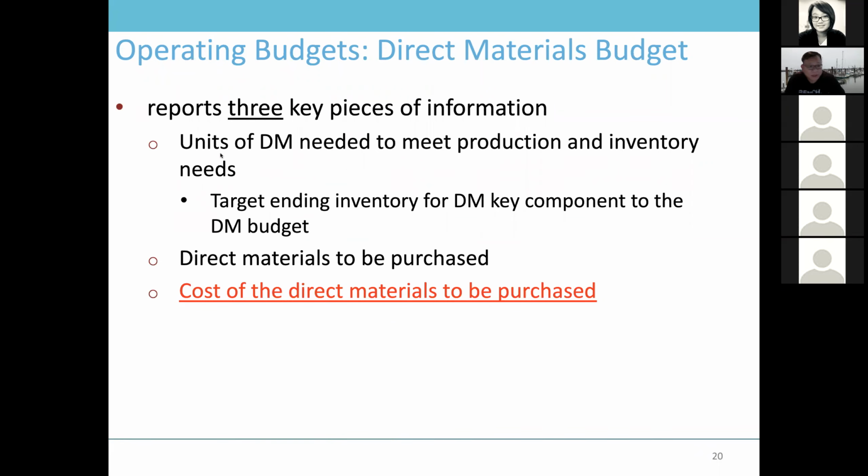First, the number of units of direct materials you need to meet the production need. Then how much direct materials you have to purchase. And what's the cost? The cost of the direct materials purchased is the cash you paid. That goes to the cash flow budget.